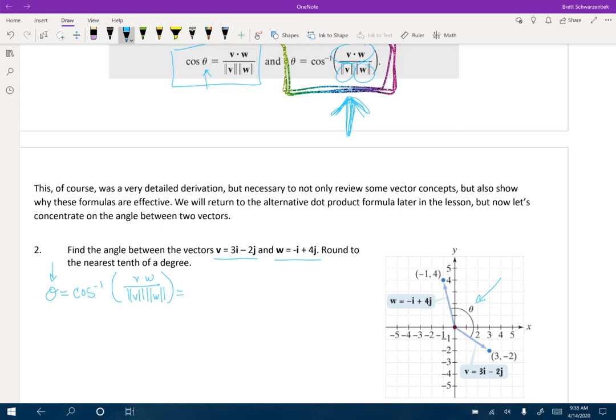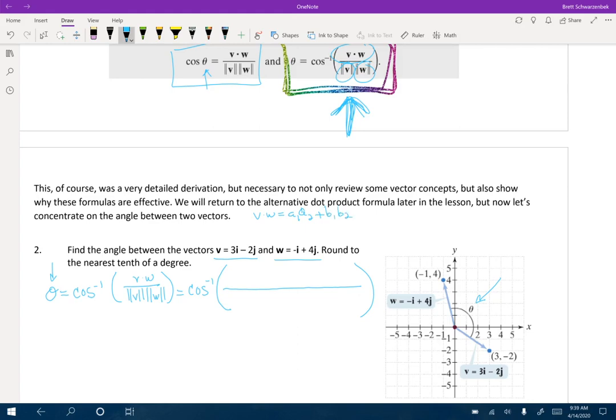All right, so let's put all this into pieces here. So cosine inverse, and the numerator. Dot product here. We first have to do v dot w. So remember, the equation for the dot product is a1, a2 plus b1, b2.